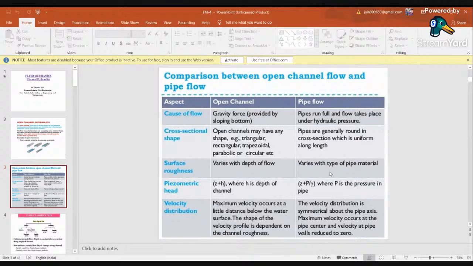In an open channel, we consider the gravity force only, but when you have a pipe, you can run the pipe network under hydraulic pressure as well as under gravitational pressure. When you are talking about the cross-sectional area, an open channel may have any shape like triangular, rectangular, trapezoidal, parabolic or circular.